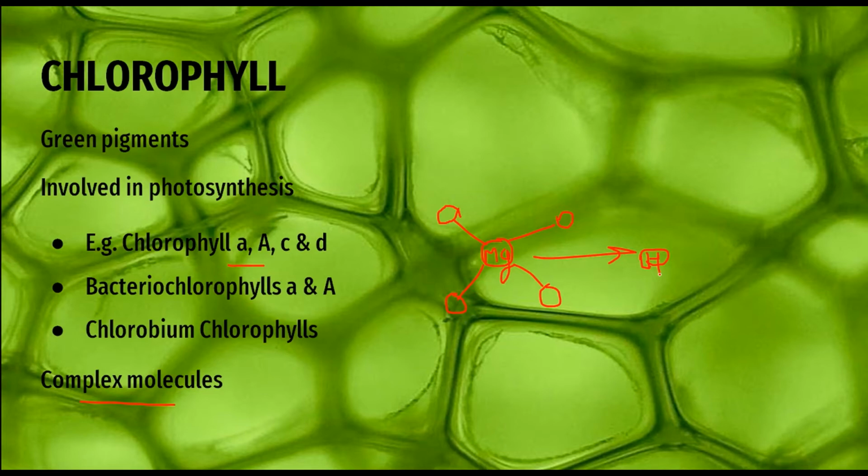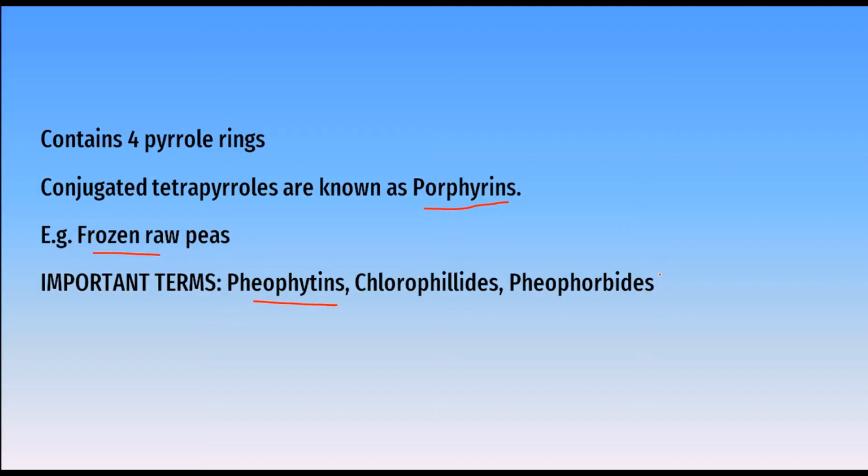The color of pheophytins is olive brown, and when the phytol group in chlorophyll is removed by the chlorophyllase enzyme at around 60 to 80 degrees Celsius, it retains the green color, which is referred to as chlorophyllides.